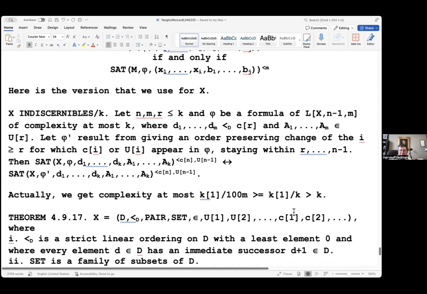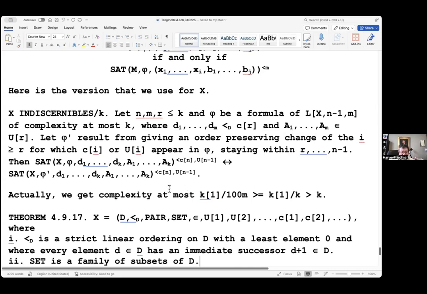And we have an order-preserving change of the I less than R, for which C of I or U of I appear, staying within R through n minus 1. Then if we make that change, we get equivalent truth values, if we just make these subscripts or indices move in an order-preserving way.